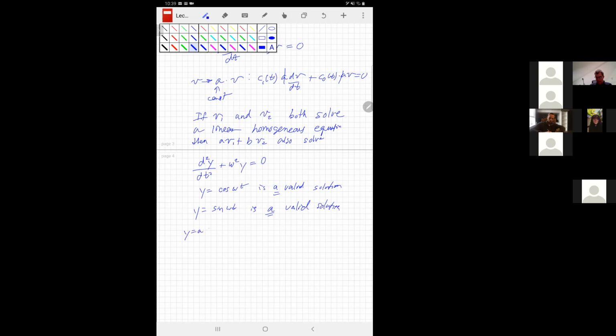Y equals a cosine omega t plus b sine omega t is still valid. Can you see why this is a valid solution?